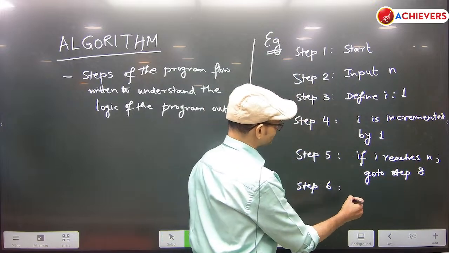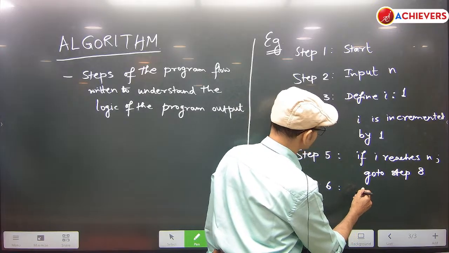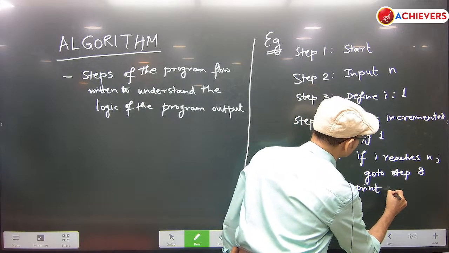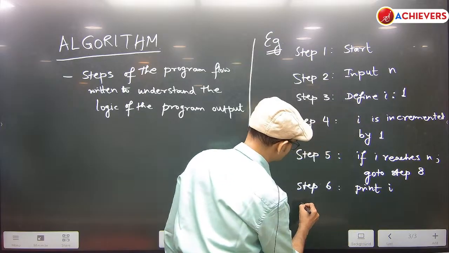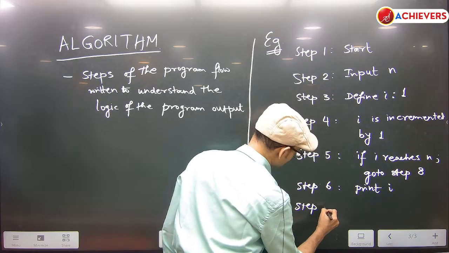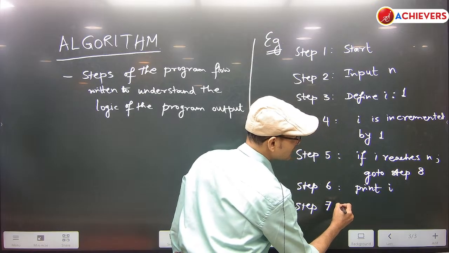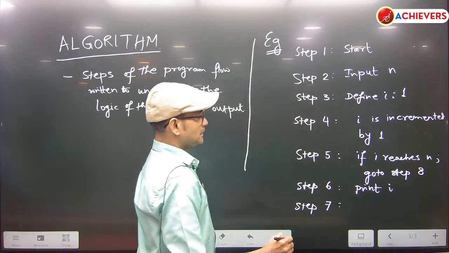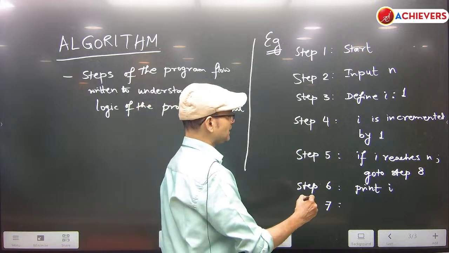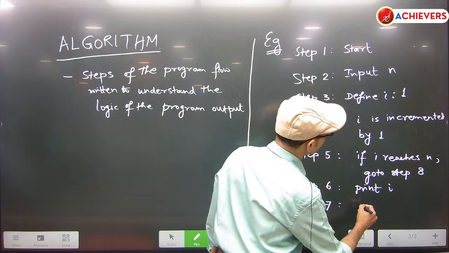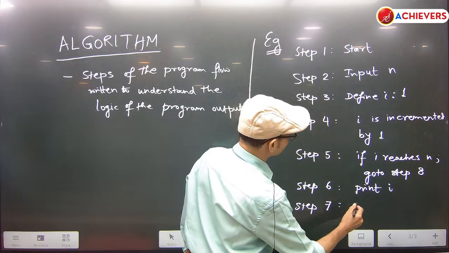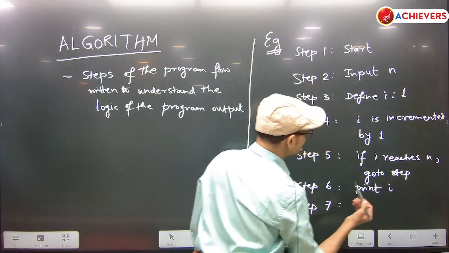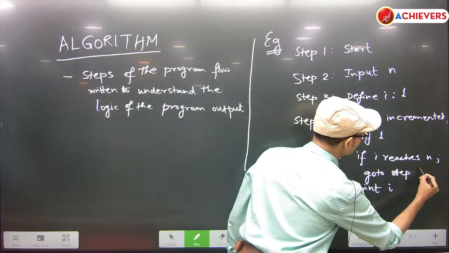Step 6, print I. Step 7, over here step 7 is, so we do one thing, we make this step 7 because we don't need step 8.